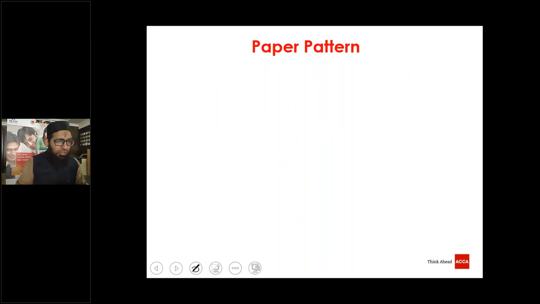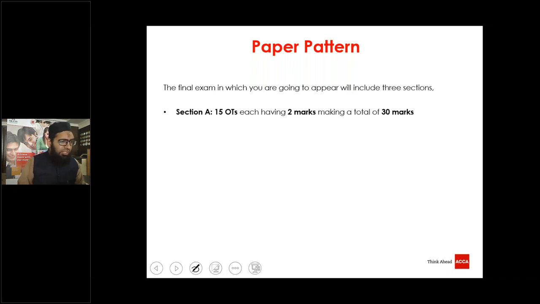Now, what is the paper pattern? This will be my first key point to discuss in this session. Your final exam, which you are going to appear in March 2018, will include 3 sections. Section A consists of 15 objective tests, each having 2 marks, making a total of 30 marks.